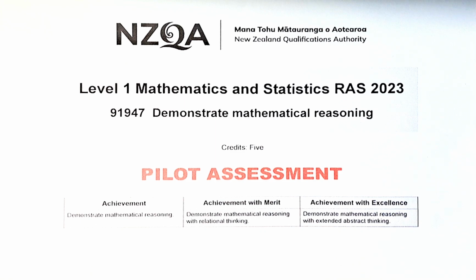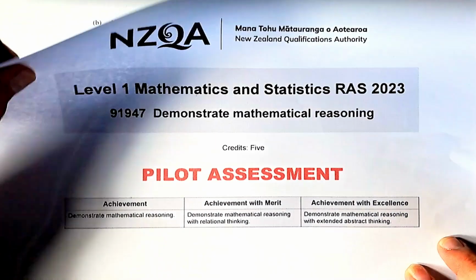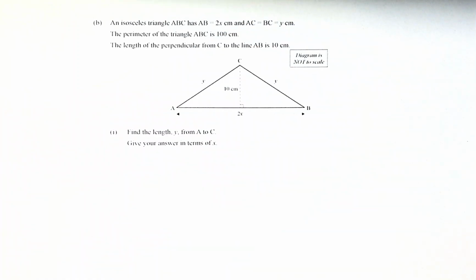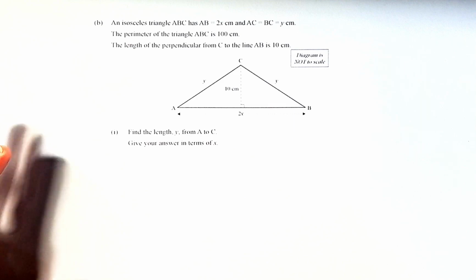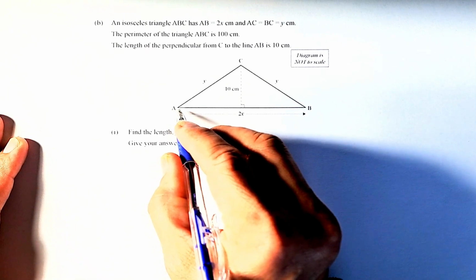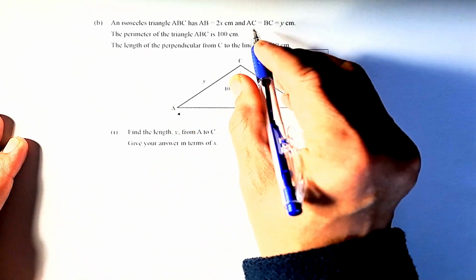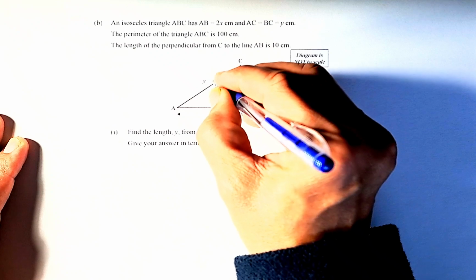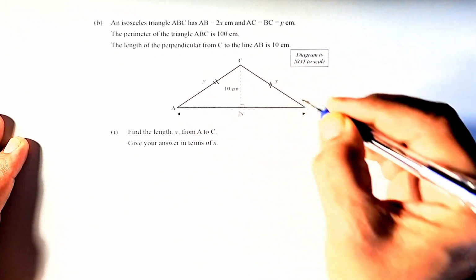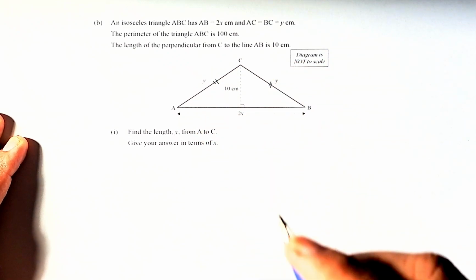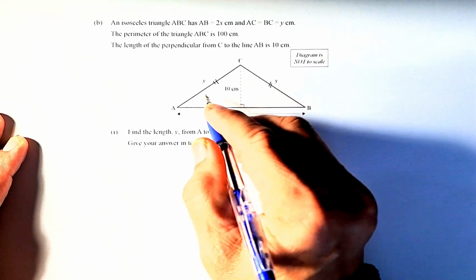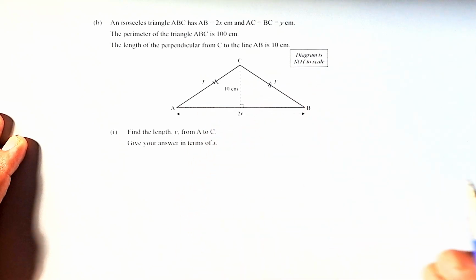So without further ado, let's do question 2b part 1 and part 2. So part 1 looks like this. An isosceles triangle ABC has sides AB equal to 2x and AC equal to BC equal to y. So the perimeter is 100, so y plus 2x is going to be 100.